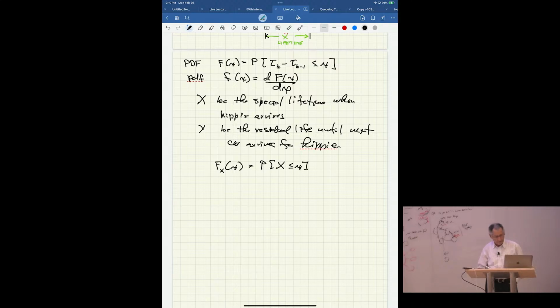That's the distribution. And for Y, I'm going to use a different notation. I'm going to use this notation F with a hat on top of little x. And that's the probability that capital Y is less than or equal to x. The residual life is less than or equal to x. And its density will be little f hat of x, where that's the d/dx of capital F hat of x.